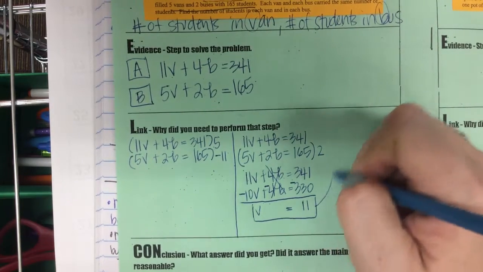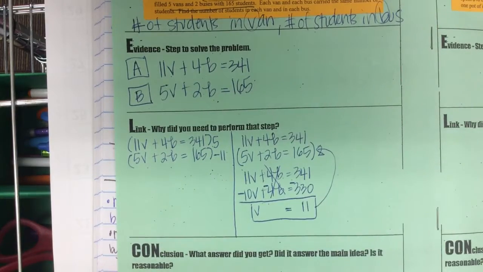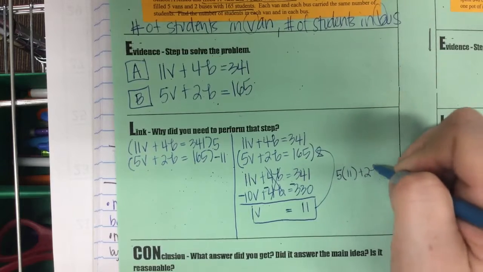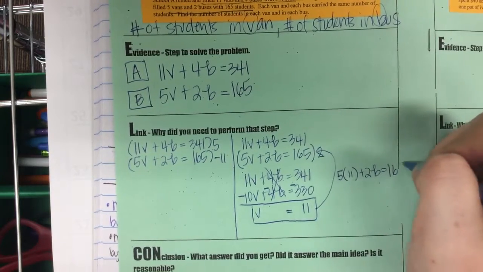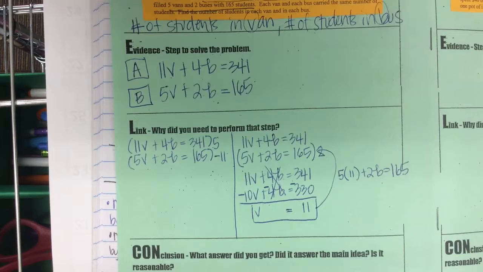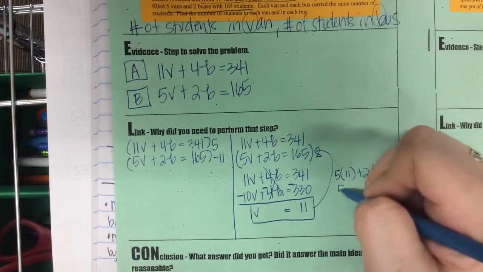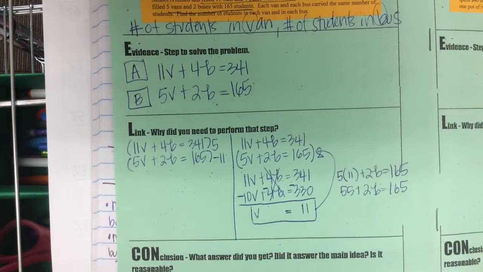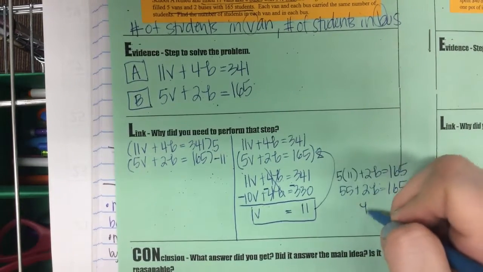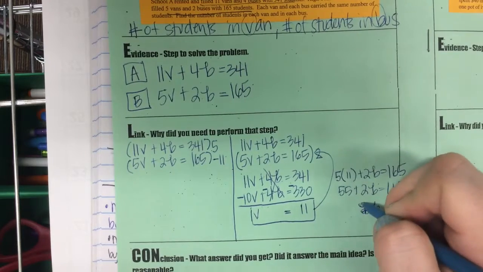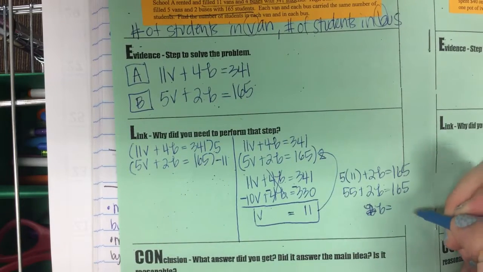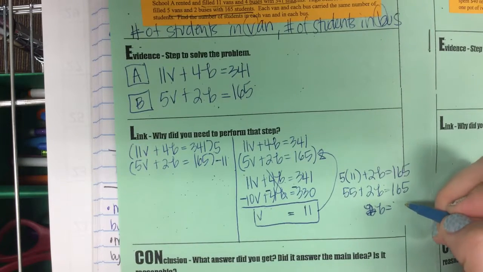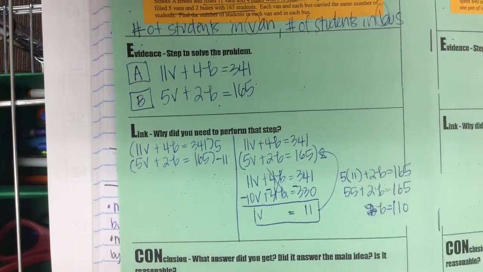Then I'm going to take that and put it into one of my original problems. 5 times 11 plus 2B equals 165. 55 plus 2B equals 165. 2B equals 110.